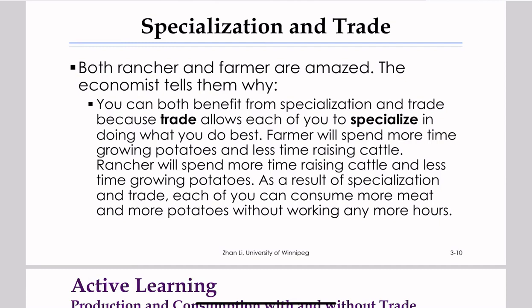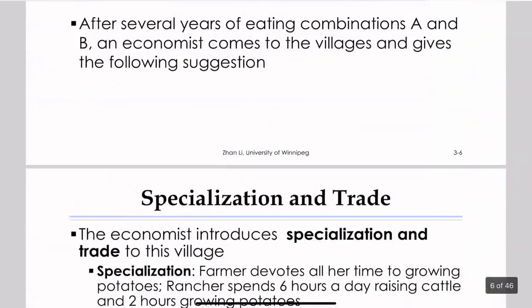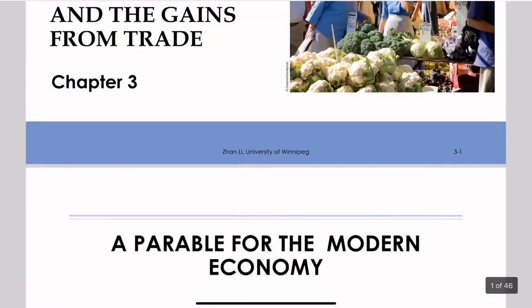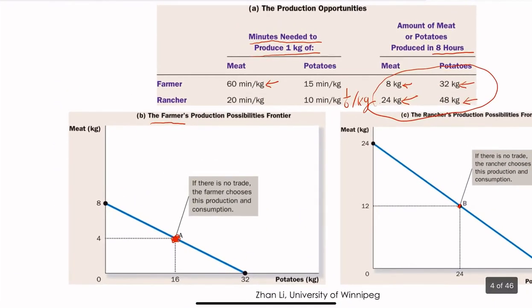At this stage, it might seem a little bit weird because if you go back to the table, you can see that the rancher is actually better at both raising cattle and growing potatoes. It seems that we should let the rancher do both. Well, this is not right.